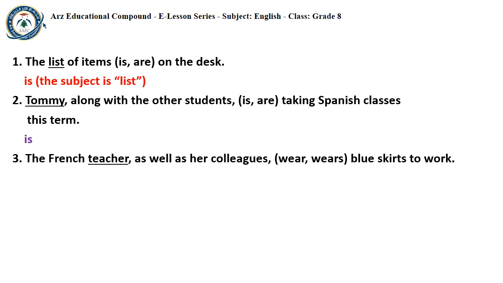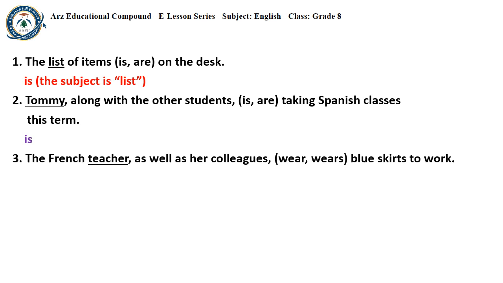In the third example, the French teacher as well as her colleagues wear or wears blue skirts to work. In this sentence, the same rule applies. As well as her colleagues is a prepositional phrase that does not affect the simple subject nor its number. The simple subject is teacher.